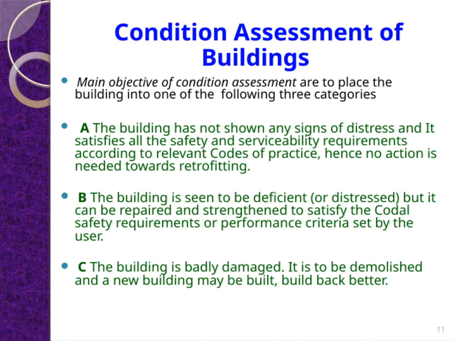These structures are in such poor condition that demolition is the best option, and often we consider rebuilding, sometimes even building back better than before. Overall, this classification helps us determine the appropriate course of action for each building, ensuring safety, compliance, and efficient use of resources. It's a critical step in the condition assessment process that guides our decision-making moving forward.